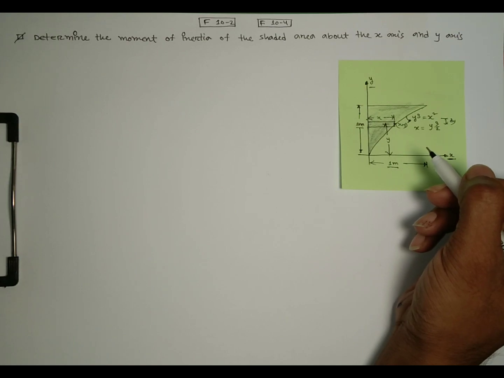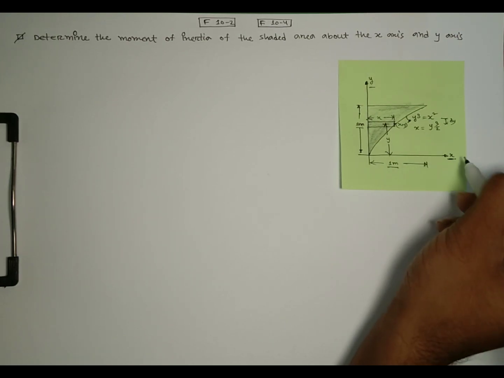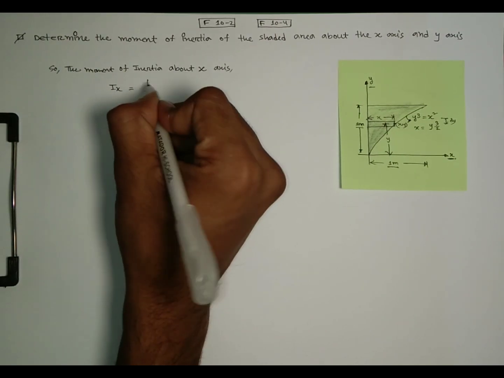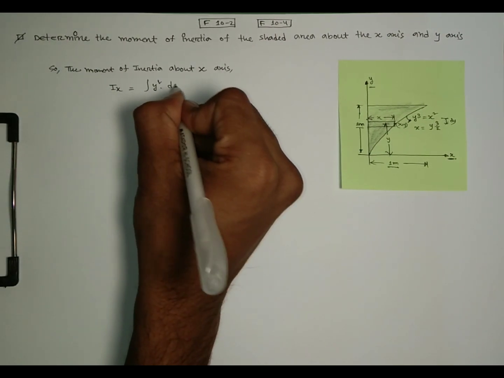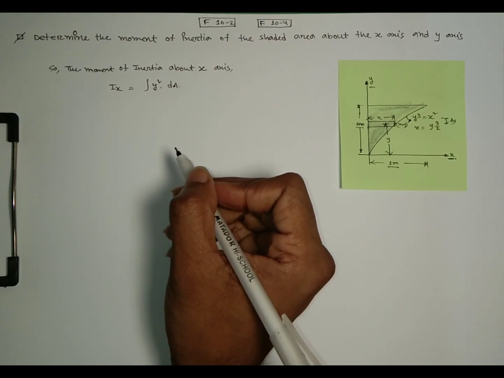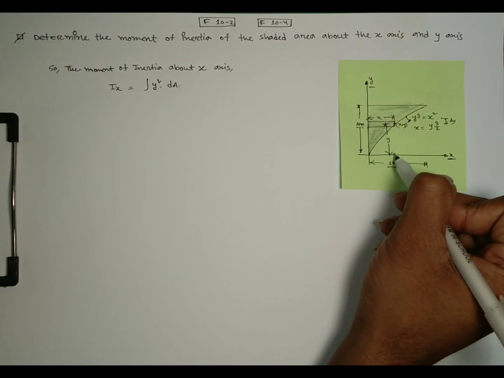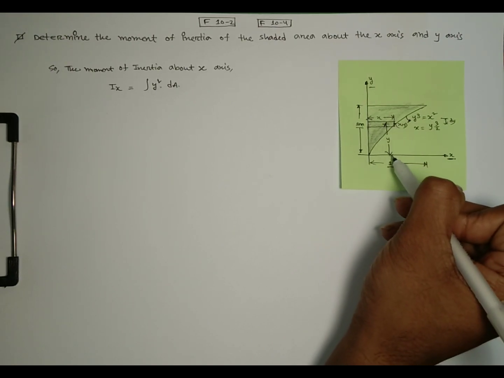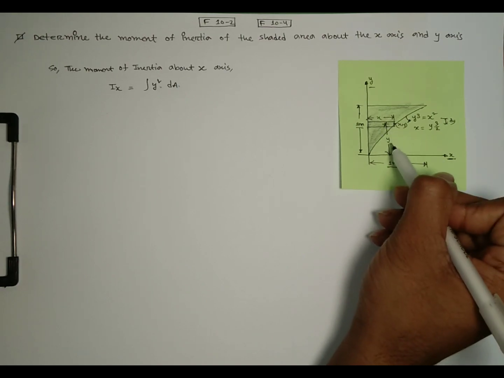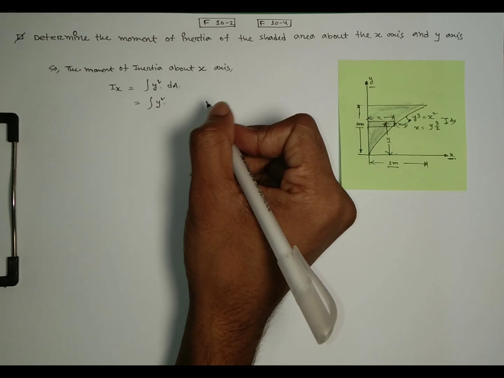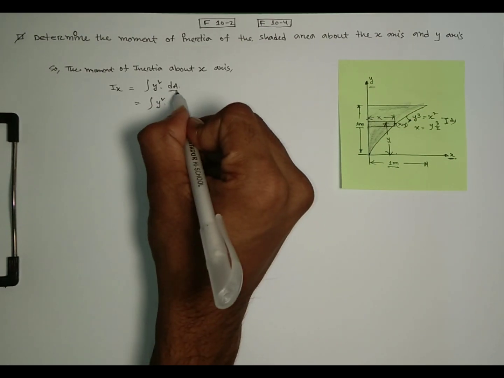So let's find the moment of inertia about the x-axis. Ix equals the integration of y squared dA. Here y means the distance from the axis to the CG. So the distance from the x-axis to the CG is y, so this will be y squared, and the small area dA.